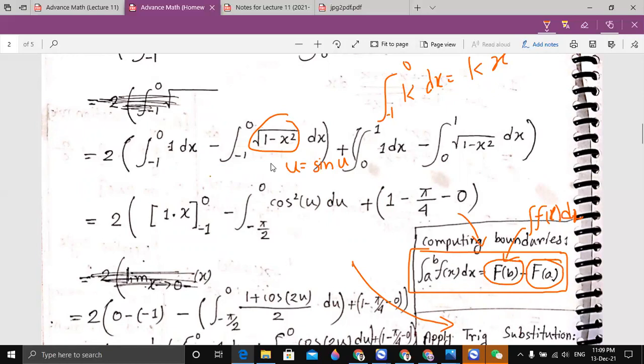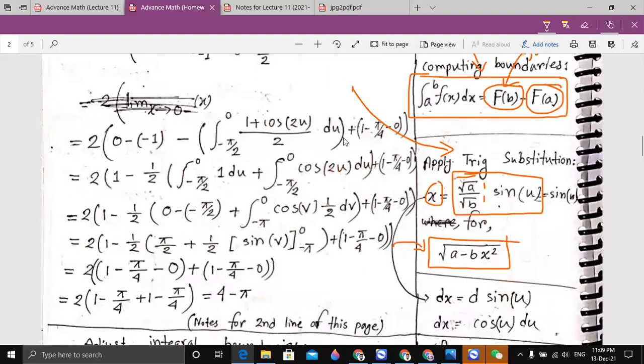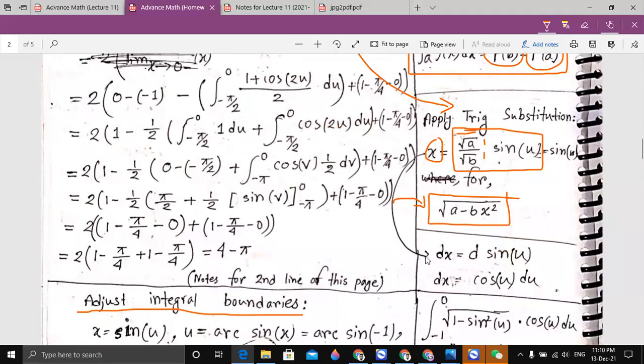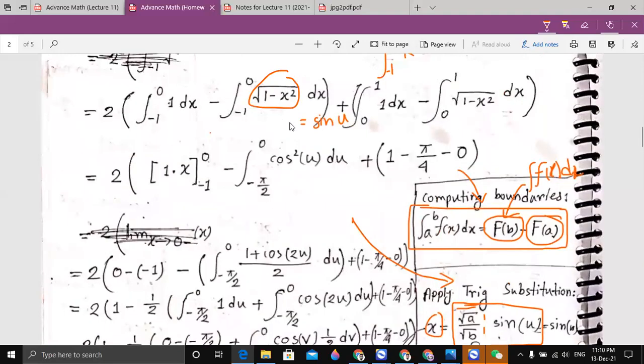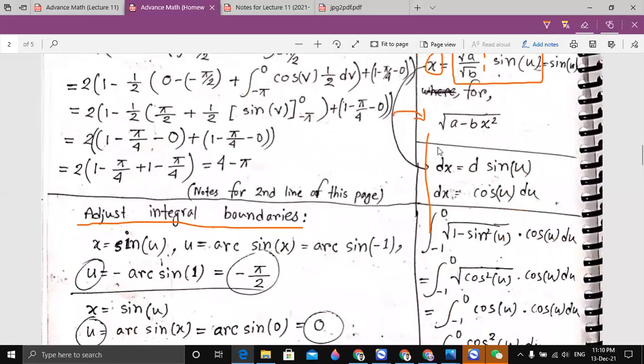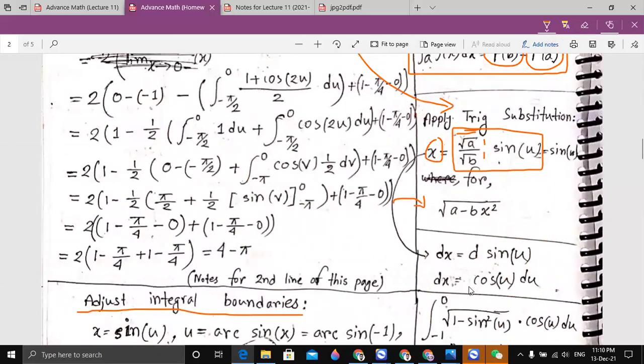So x equal to sine u, sorry. x equal to sine u, okay. So look here, we get x equal to sine u.